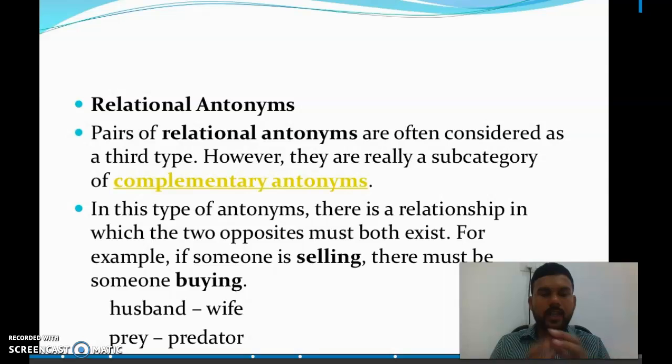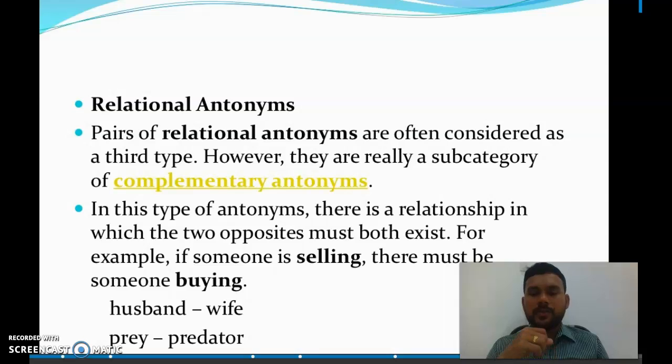Actually, we can relate relational antonyms to complementary antonyms. Pairs of relational antonyms are often considered a third type. However, this is a subcategory of complementary antonyms.